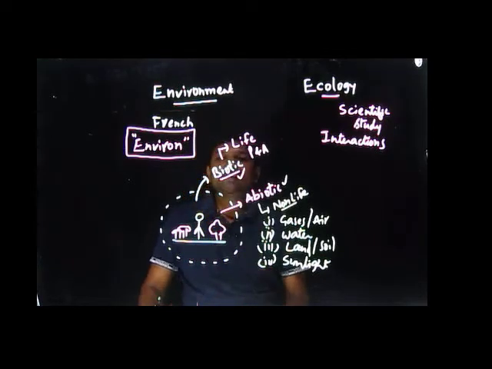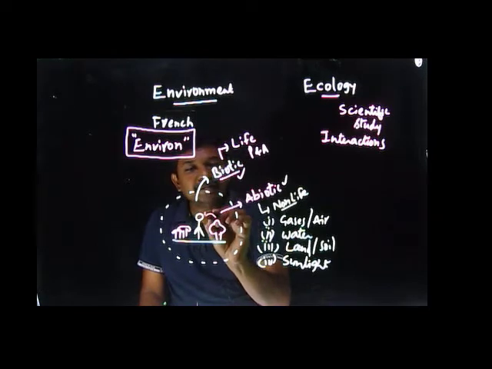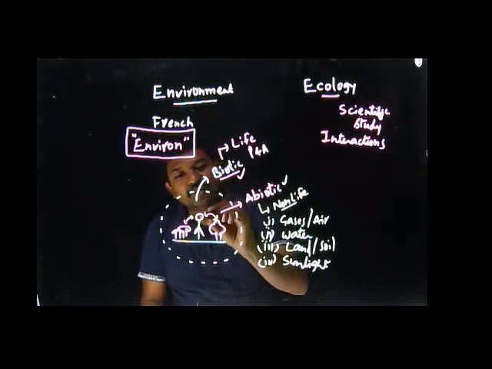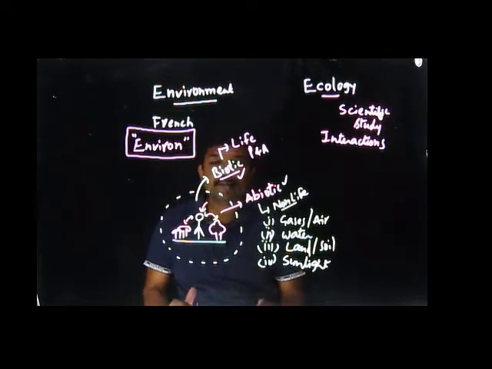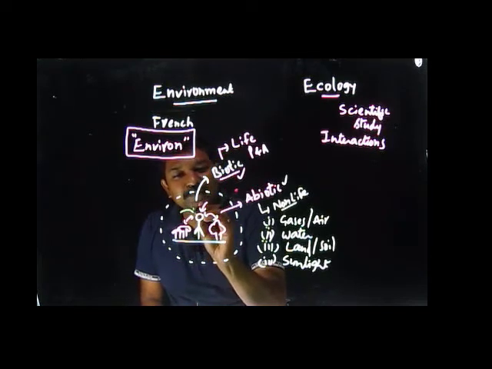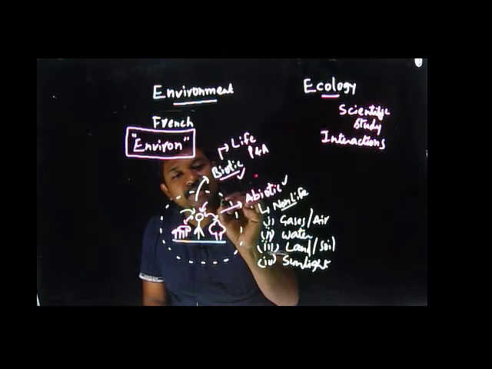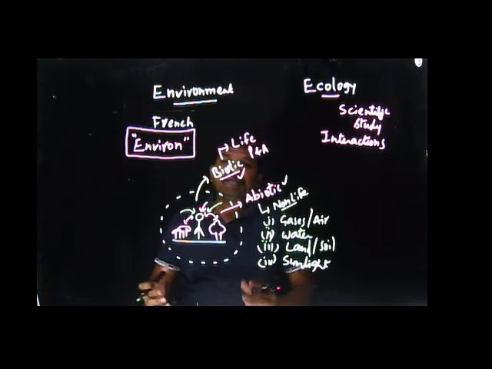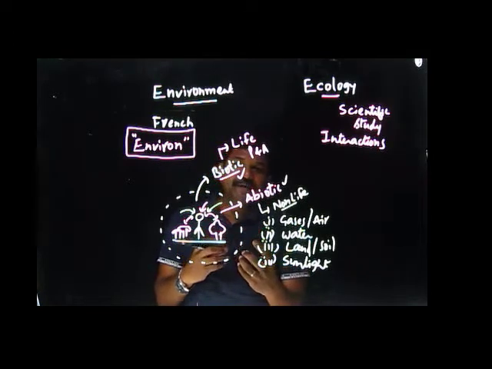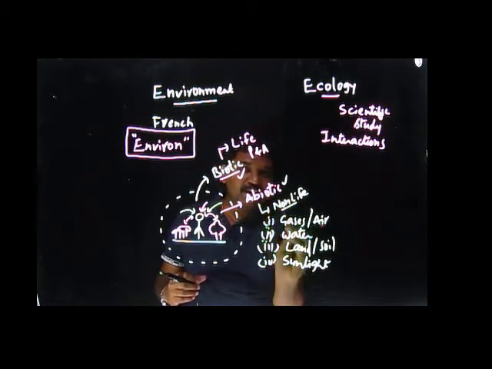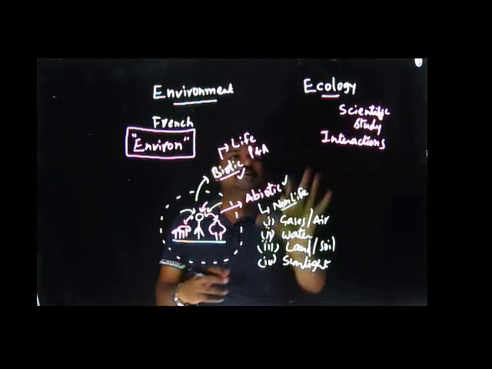How is the tree impacting the human, how is the man impacting the animal, how is the animal impacting the man, how is the man impacting the tree, also how is the air influencing this human, how is the water present in that region impacting the people, also how is the soil present here affecting the man there. If there is an interaction between the abiotic elements and the biotic elements, this study of the relation between the biotic and the abiotic is called ecology.